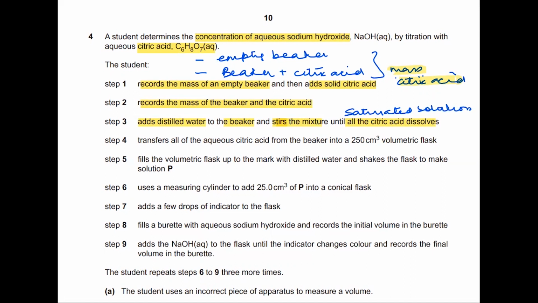And how much water is he using? That is mentioned in the next step, that is 250 cm cube. He is adding water to it, and the procedure needs to be done in the volumetric flask. So the volumetric flask is the apparatus in which we prepare the solution. He will add a little amount of water to the beaker containing the citric acid, approximately 100 cm cube.